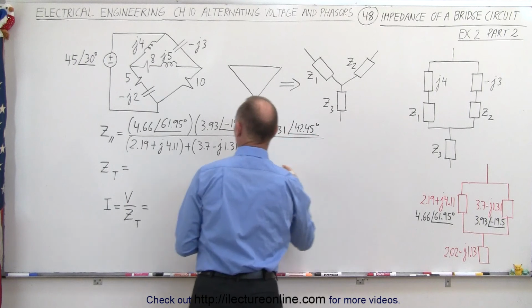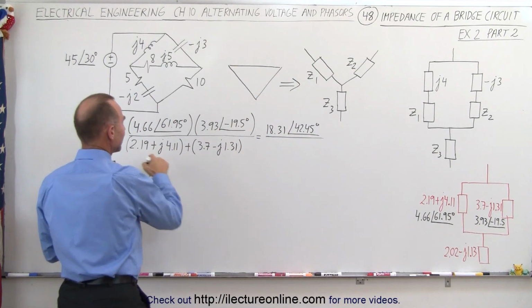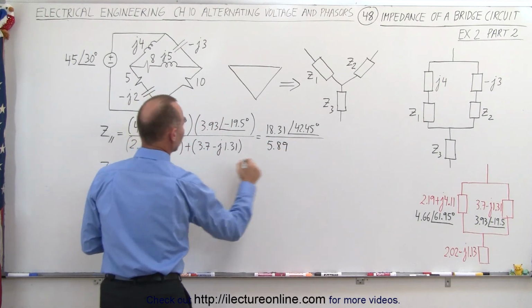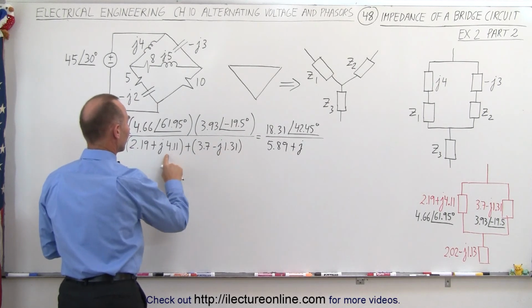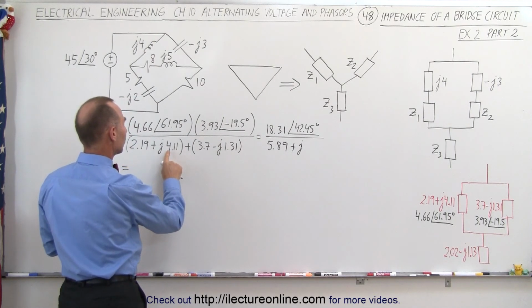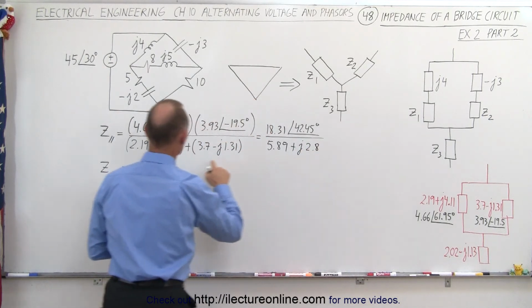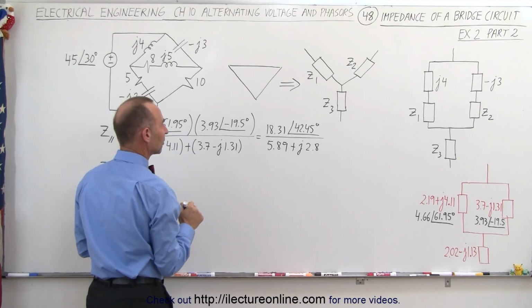And in the denominator, when we add these together, that's 5.89 for the real part, and for the imaginary part, we subtract this from that, so 2.8 plus 1.31, that's 4.11. That looks like it's correct.